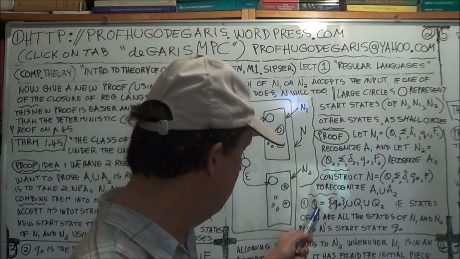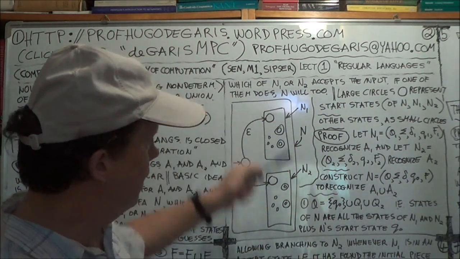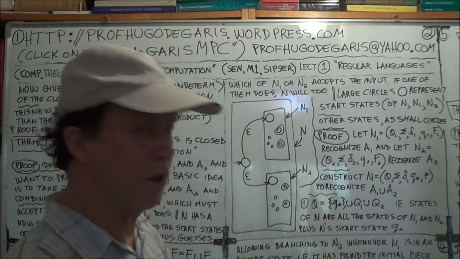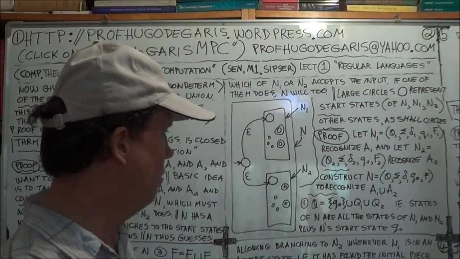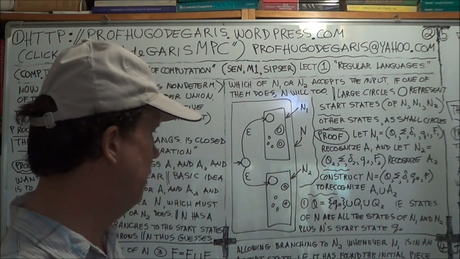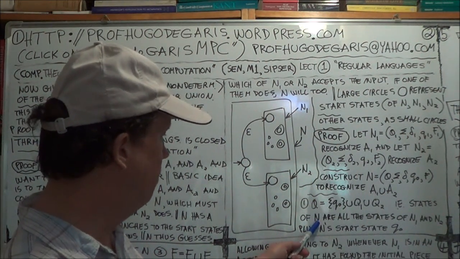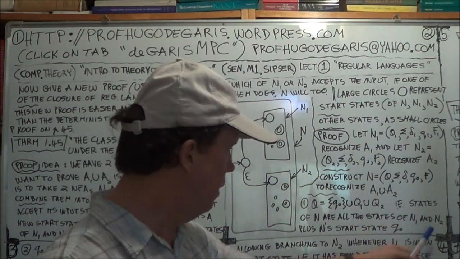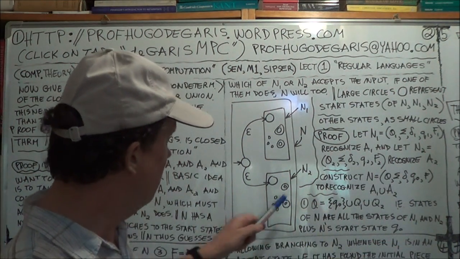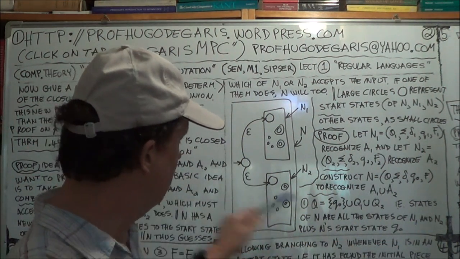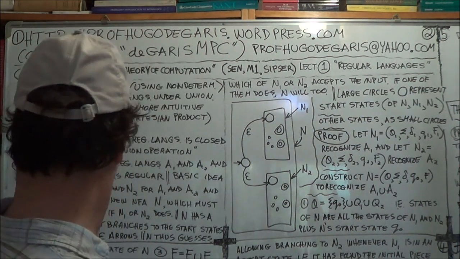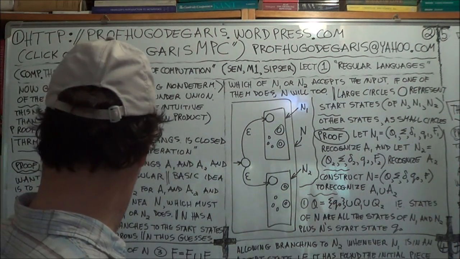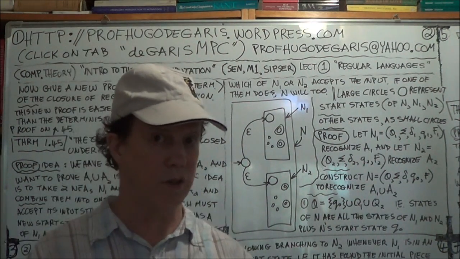So Q, big N's states, are the union of these three. That's sort of pretty obvious, right? It seems rather intuitive, so not too difficult there. Okay? So the states of big N are all the states of N1, N2 plus big N's start state, Q0 here. Okay, so all right, I'll just get straight on next session.